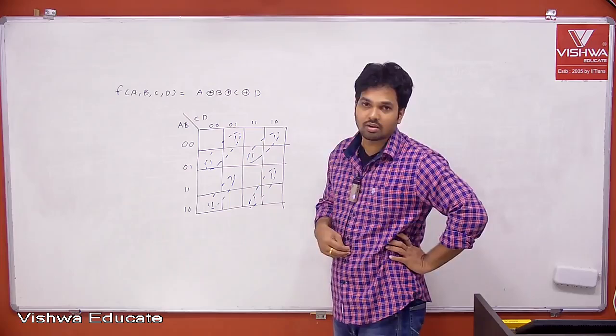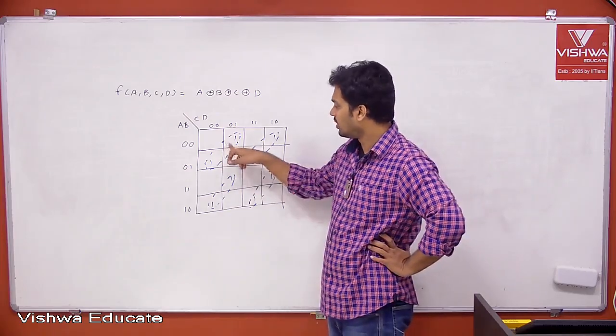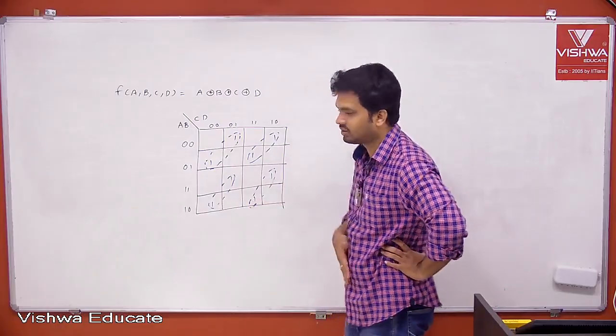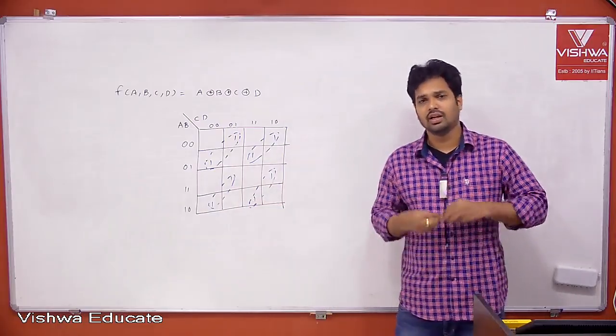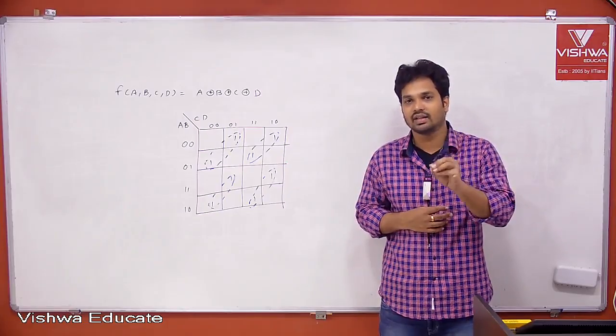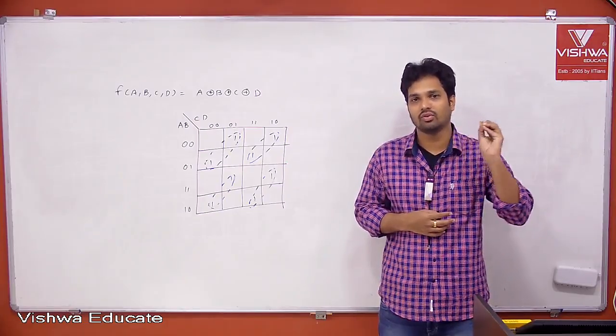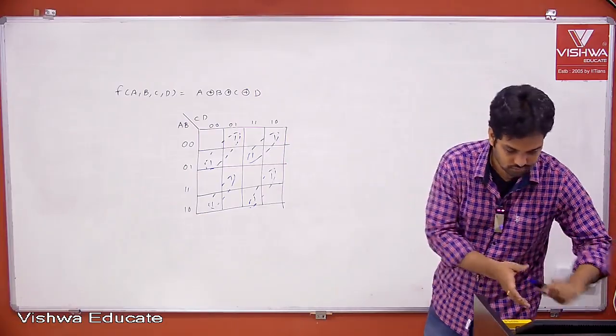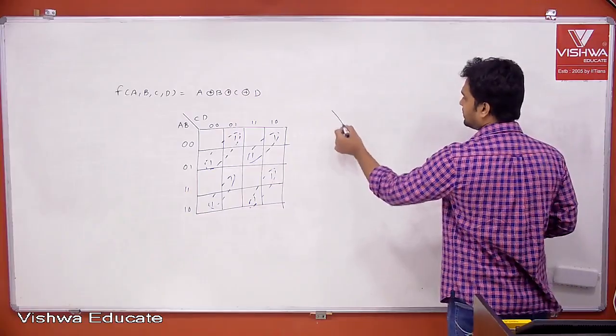How many terms are present in the output expression? 1, 2, 3, 4, 5, 6, 7, 8. You take any other function, you cannot get more than 8 terms in the output expression of a 4 variable K-map. I'll show you. Please understand. Let me take the same function.